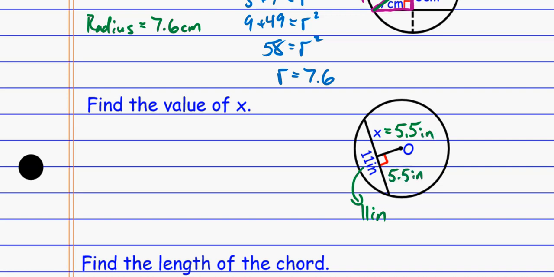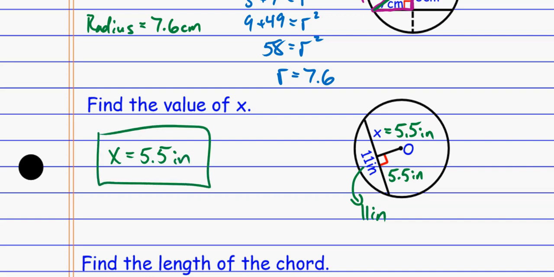So in this one, x equals 5.5. This is just the reverse of what we did in the previous one. In the previous one, I had one of the pieces, and I could use that to find the whole thing. Here I had the whole thing, and it bisects to find the pieces.